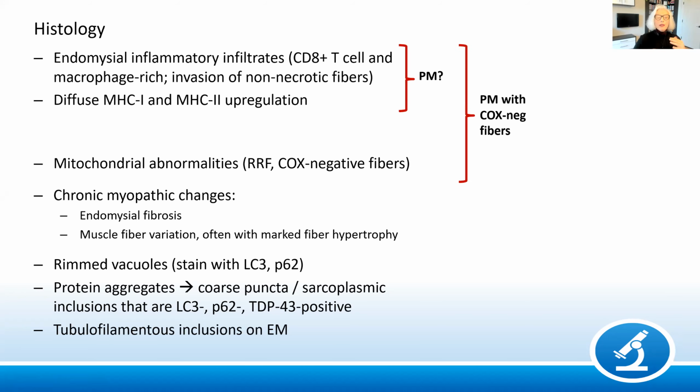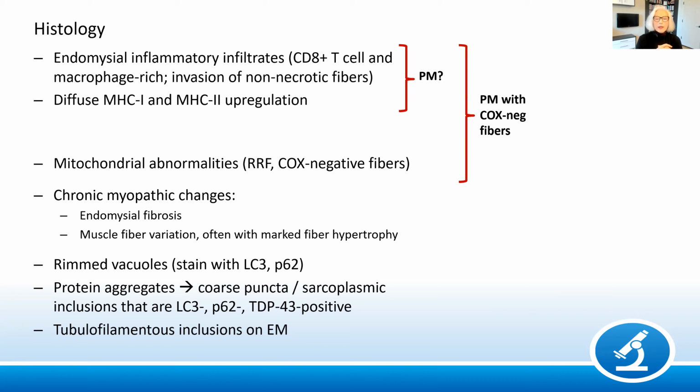And then the moment you get these additional mitochondrial abnormalities, so ragged red fibers and COX-negative fibers, you are now in the category that we would call polymyositis with COX-negative fibers, and that is quite definitely understood as a precursor to IBM. Whereas this condition on the top, just polymyositis by itself, it's not really clear whether that would also progress to IBM or not.